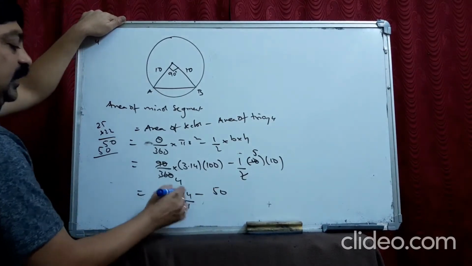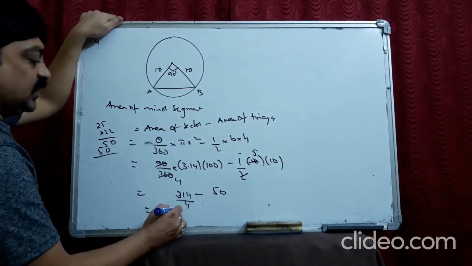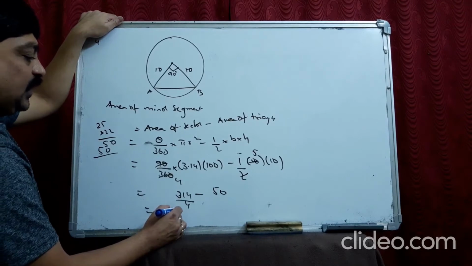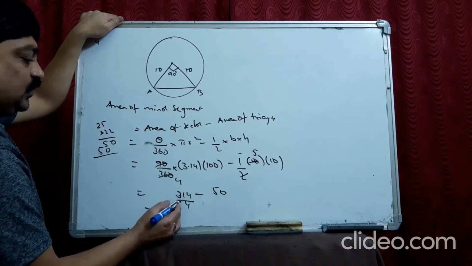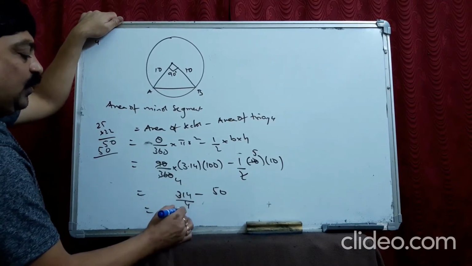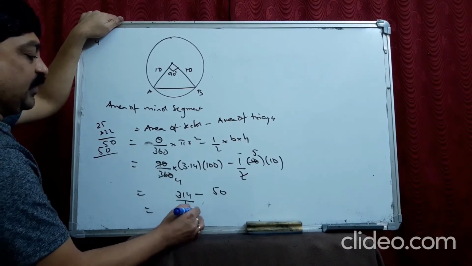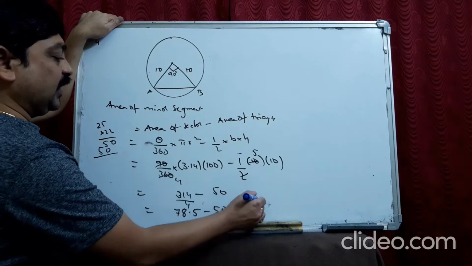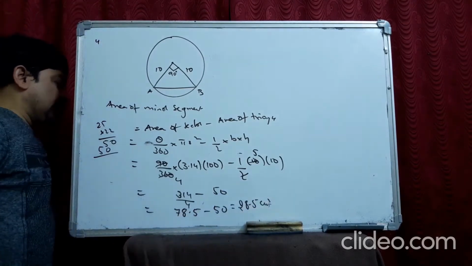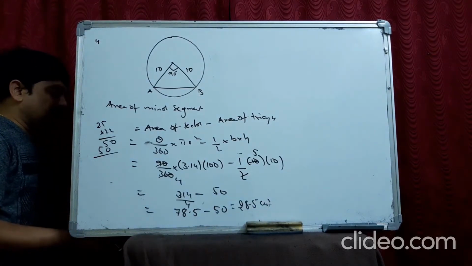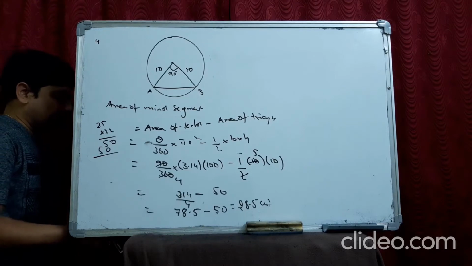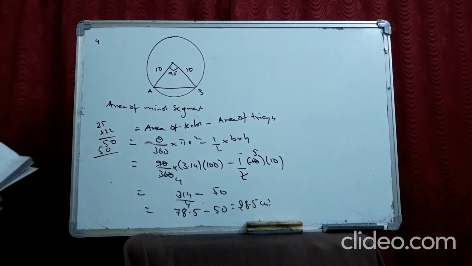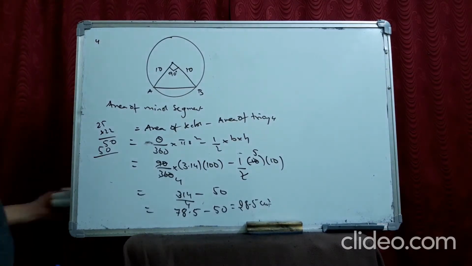Now you can cancel this with 4 sevens. 4 sevens 28, 34, 4 8 32, 78.5 minus 50. It becomes 28.5 centimeters square. So area of this minor segment is 28.5. Is that right? Exactly, 28.5 centimeters square.